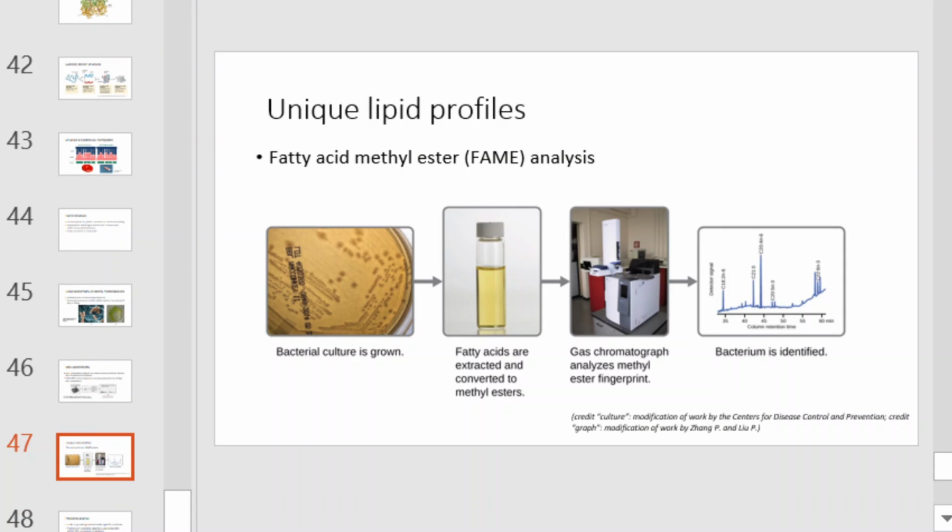Lipids can also be used to ID organisms. Many organisms have unique lipid profiles. Using fatty acid methyl ester or FAME analysis, organisms can be ID'd by their lipid profile.